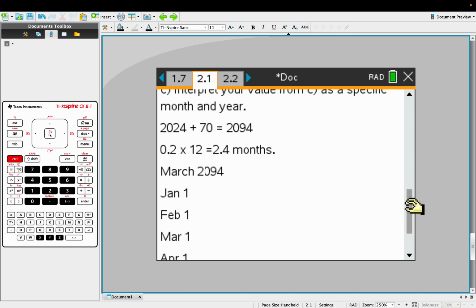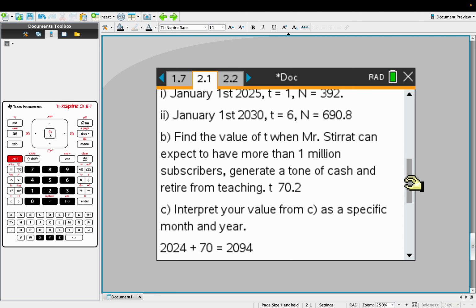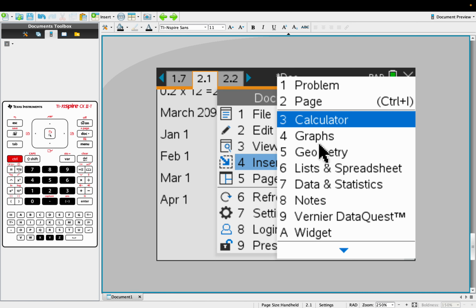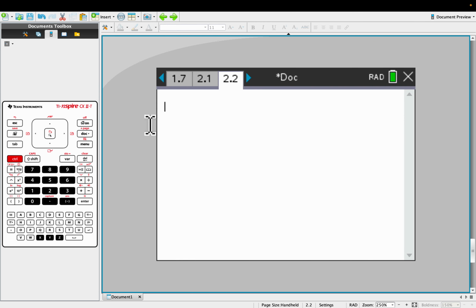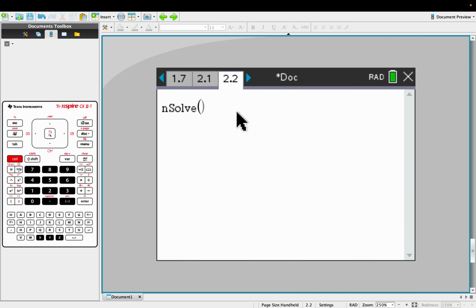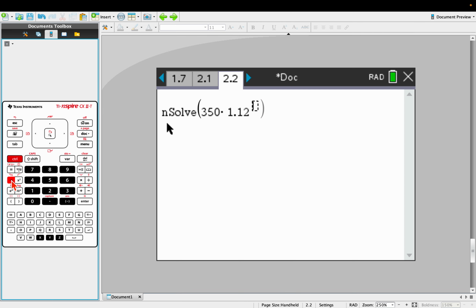Okay, so that's great. Now the graphical approach is great, but we can also solve this equation a slightly different way, and I'm going to show you that now. If I insert a calculator page, I'm going to use the magic nSolve, menu, algebra, numerical solve. So numerically solve, I want to solve 350 times 1.12 to the power of t, I'm going to use the variable given in the question, equals 1 million, comma, and then type in t.